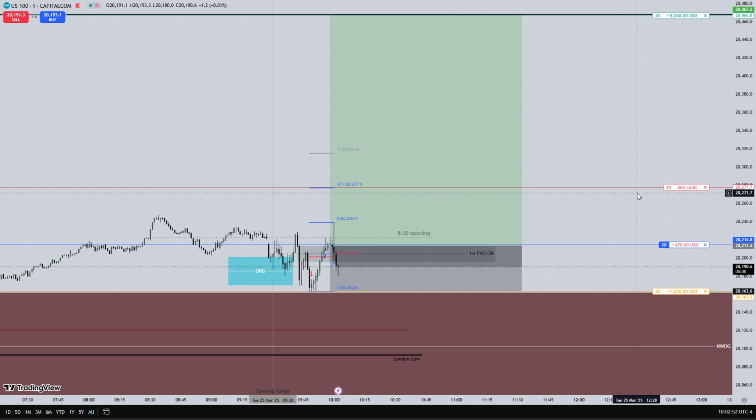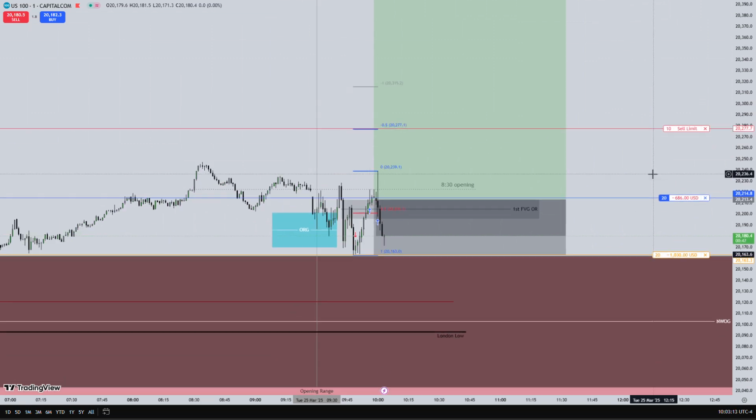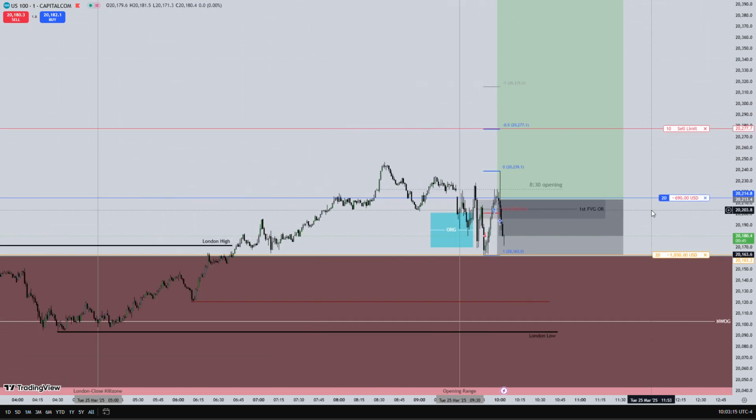So it's possible that this week and next week I'm just going to have, you know, consecutive losing trades, but it doesn't mean that this model isn't working. It just means that my model is not working at this specific time for today.